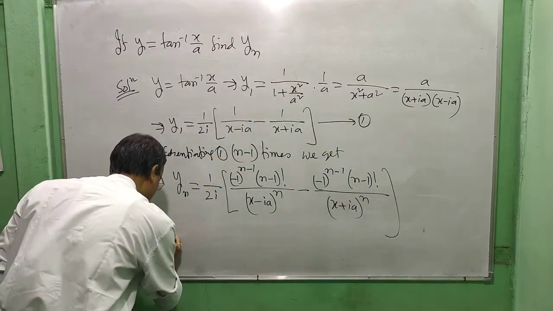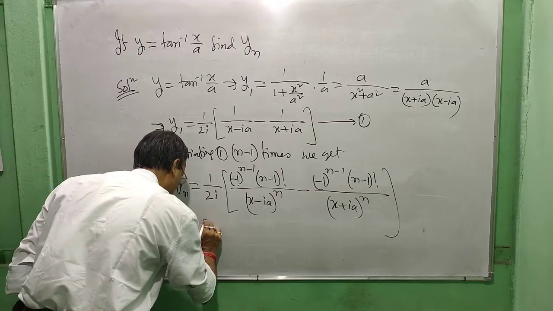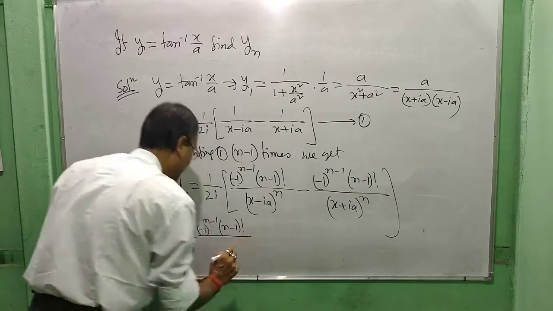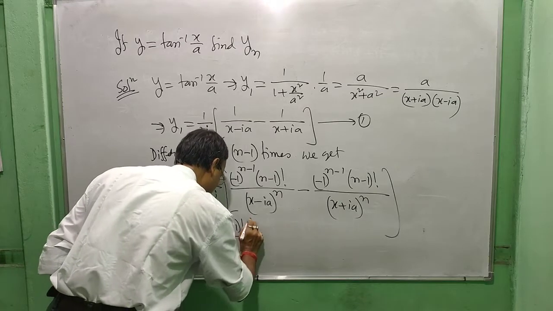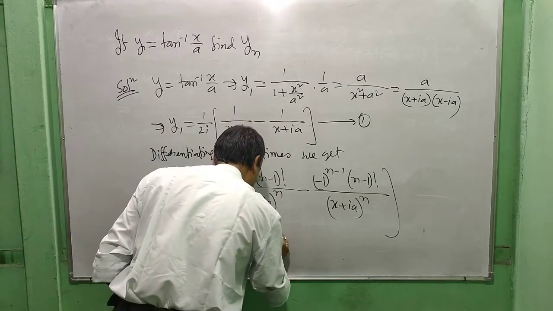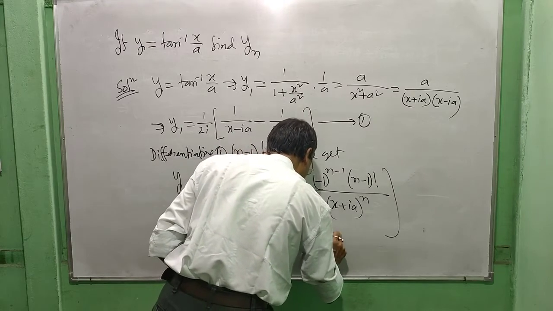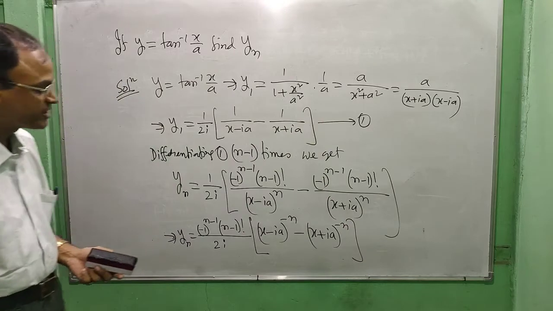Now this means yn is equal to (-1)^(n-1) factorial n minus 1 divided by twice i. Here you may write (x minus ia)^(-n) minus (x plus ia)^(-n). You may write like this.